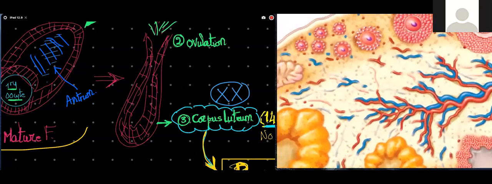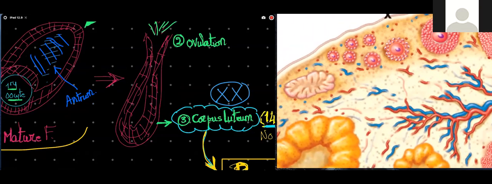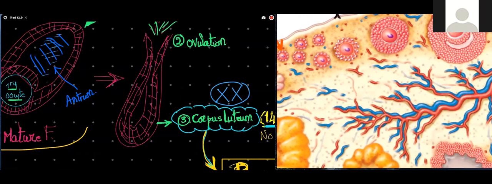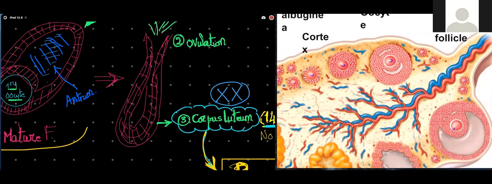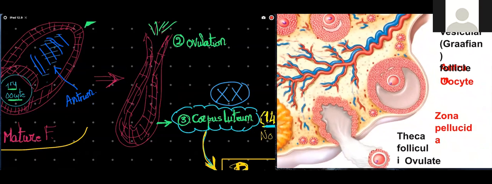See on here, you have primordial follicles that will become primary follicles, then secondary follicles, then the Graafian follicle, where I have the central antrum.